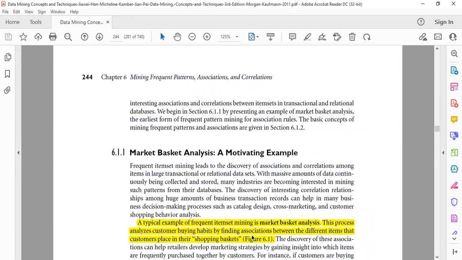Now, a typical example of frequent item set mining is called market basket analysis. This process analyzes customers' buying habits by finding associations between the different items. So whenever different items are purchased together, those associations are found in market basket analysis.